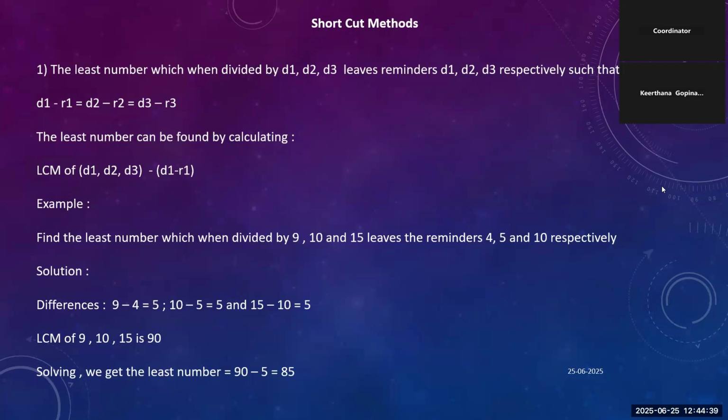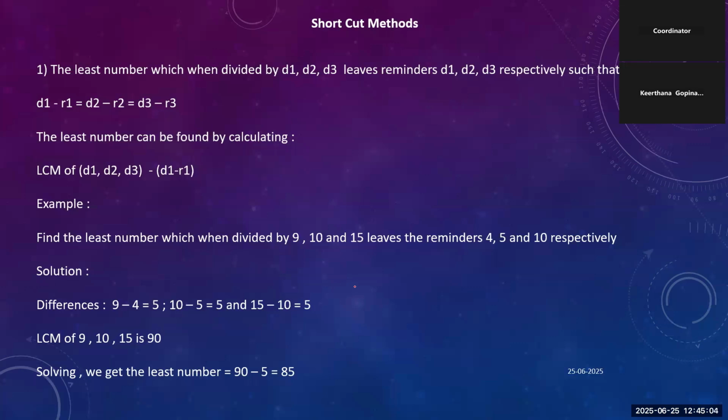Look at the difference between 9 and 4. It is 5. When the number is divided by 9, it gives a remainder of 4. Sir, can you explain again? See, let the number be x.